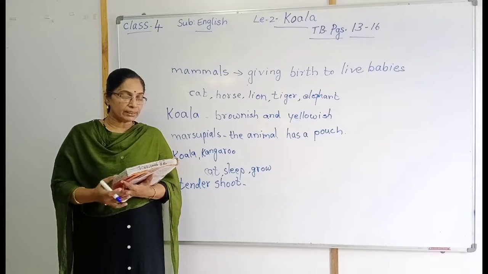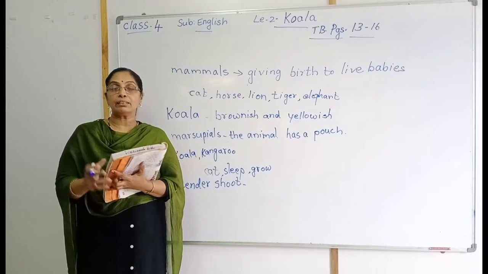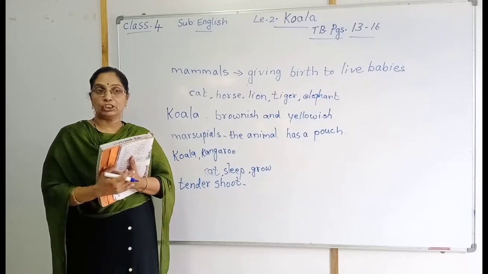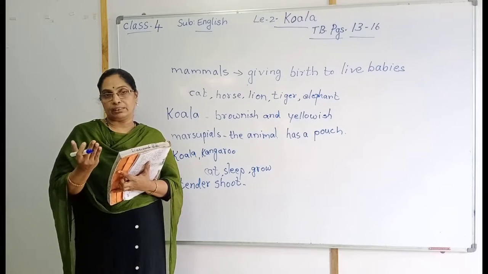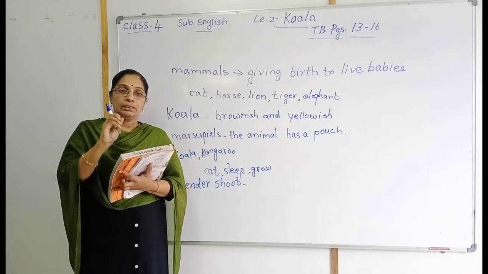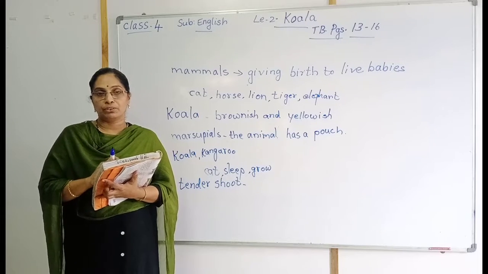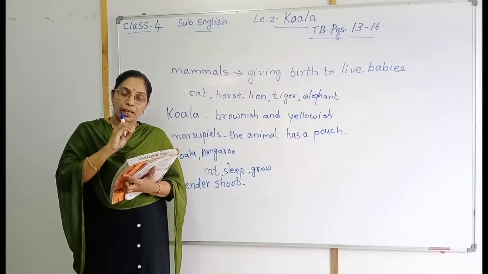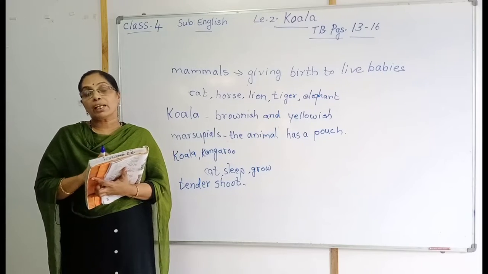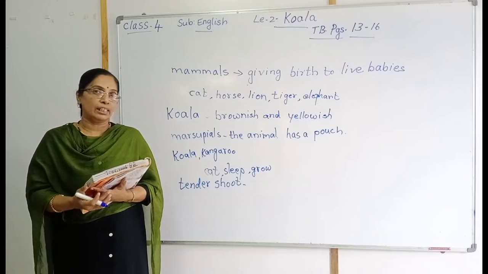Then it has flat teeth at the back for chewing the leaves. Koala has sharp teeth and flat teeth. With the help of the sharp teeth it tears the leaves, and with the help of the flat teeth the koala can chew the leaves.